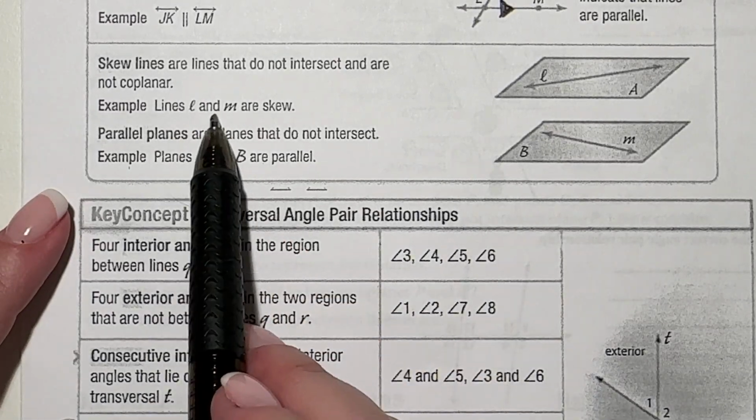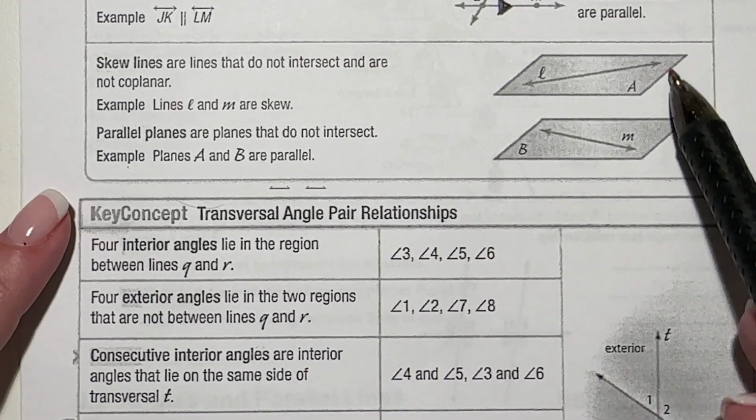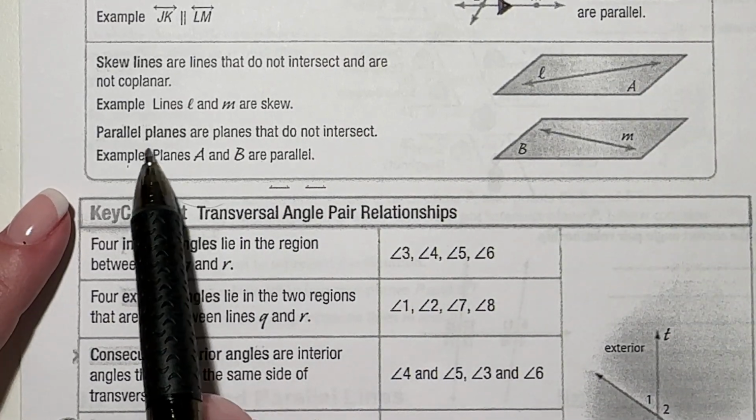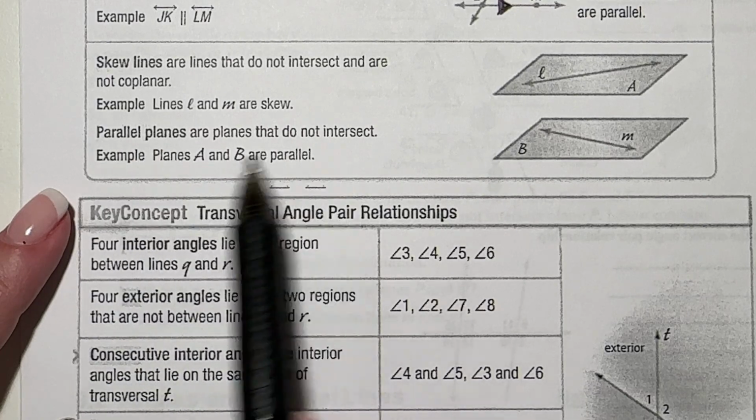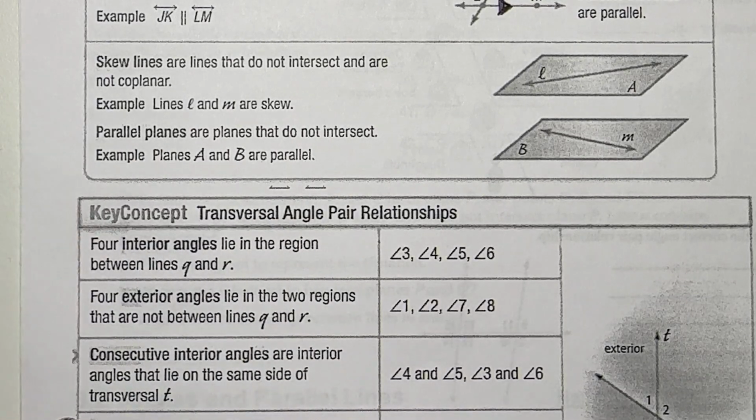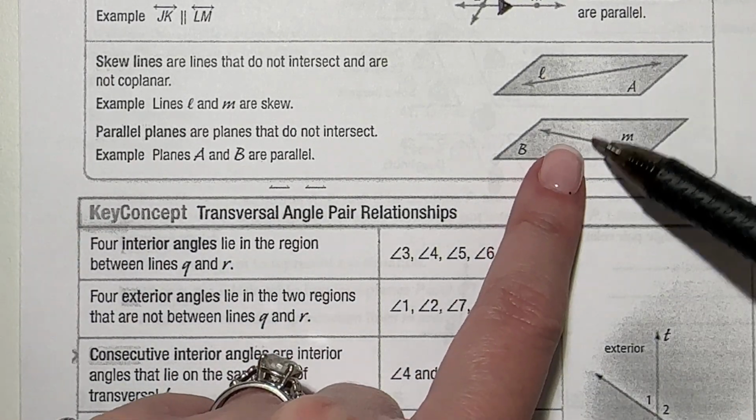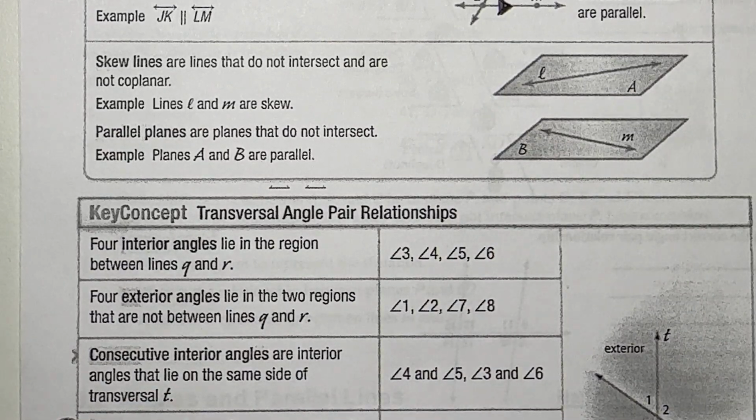So lines L and M are skewed, so notice they've drawn them on two different planes. The planes are parallel, but those planes are not going to intersect. So we know that those lines cannot intersect each other, and they've intentionally drawn them at weird angles on purpose.